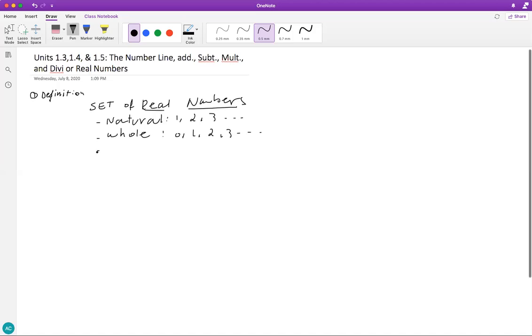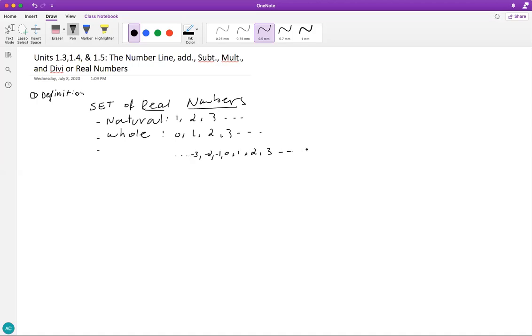Okay, so as we go, the group would grow. So natural numbers, then whole numbers. After this, we need some negatives. We need some negatives on the left side of 0. So it will be 0 here in the middle. We have positives on the right. We have some negatives on the left, -1, -2, -3, and so on.